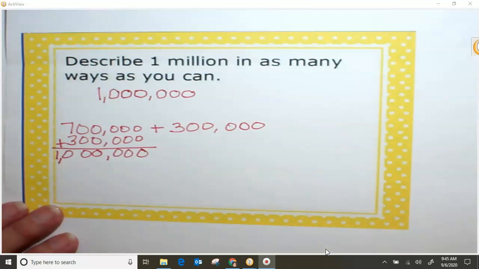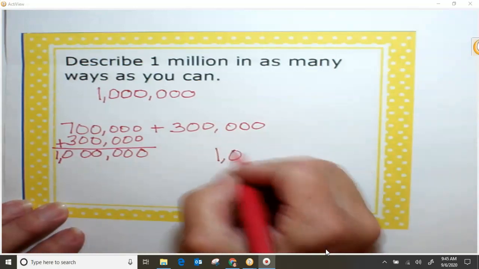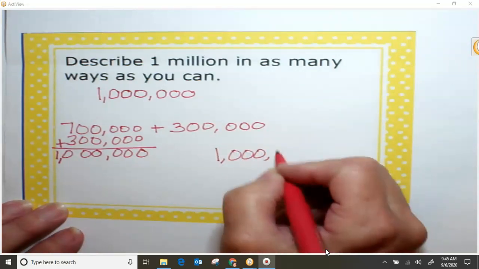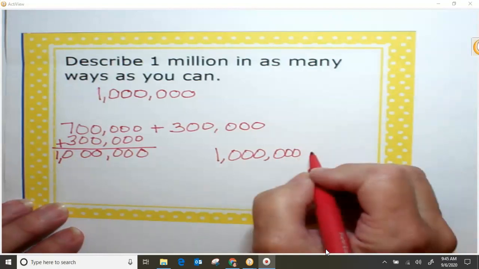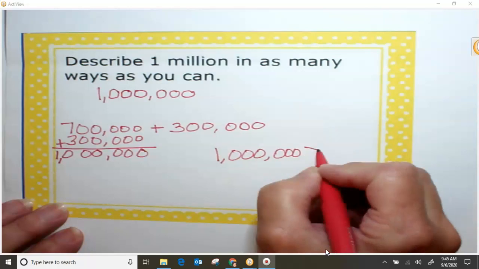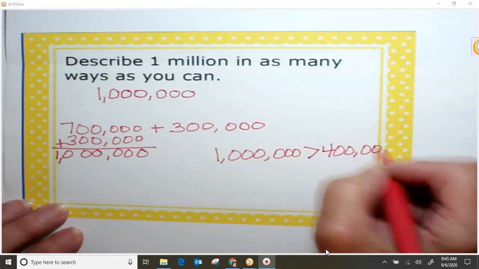So another way I can describe a million is I can talk about what we've been doing, which is comparing numbers. So I can compare them using greater than or less than. So let's say I have 1 million, and I say that it is greater than 400,000.